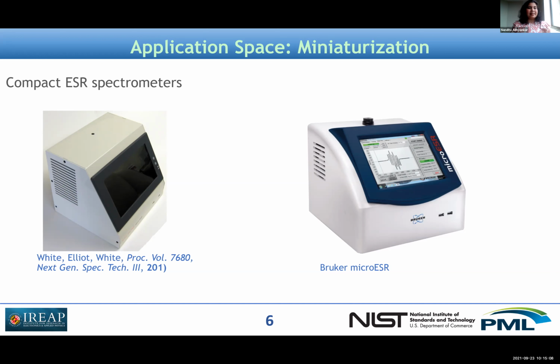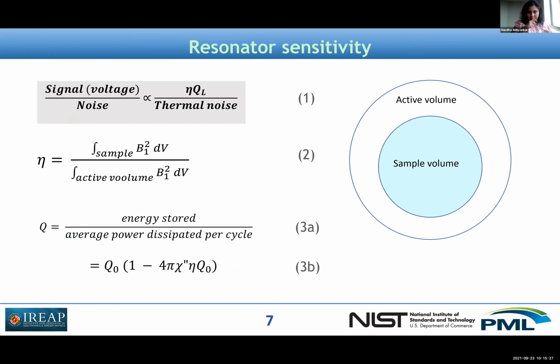And that essentially lets you put the ESR spectrometer out in the field, and it really broadens the scope of EPR applicability by not limiting ESR to only those researchers who have access to a high-end spectrometer.